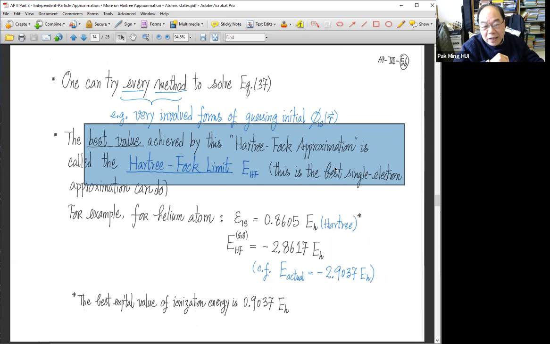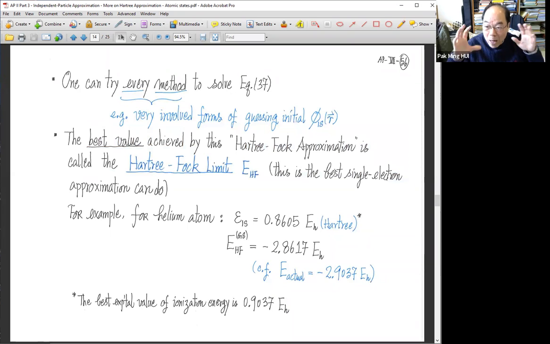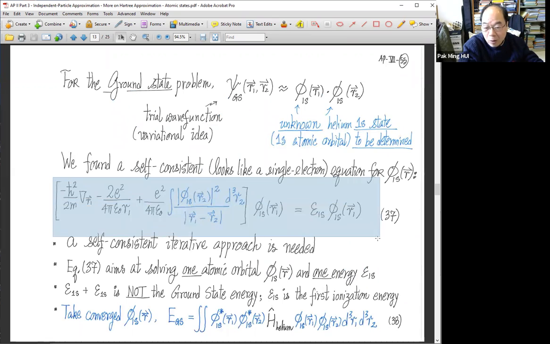The meaning of it is that within this way of reducing a two-body problem into a single electron problem, this is as far as you can get, or as best you can get for the helium ground state energy. So here, I cite that value for you. This is the very best one can do within solving this equation.